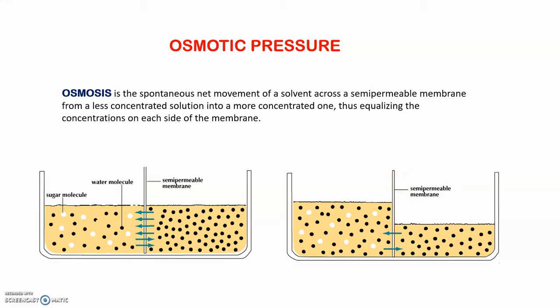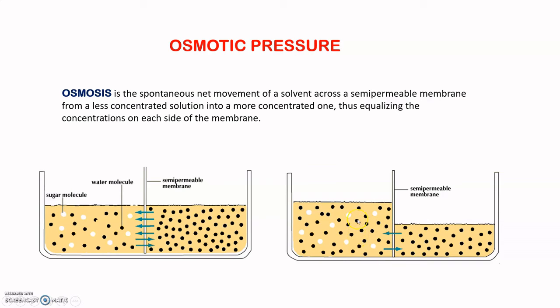And this pressure which prevents osmosis is called osmotic pressure. So when we separate solutions of two different concentrations, solvent molecules from the lower concentration will move into the higher concentration side, and when that happens, a pressure is developed at the higher concentration solution side, and this pressure will eventually prevent any more movement of solvent molecules to it.